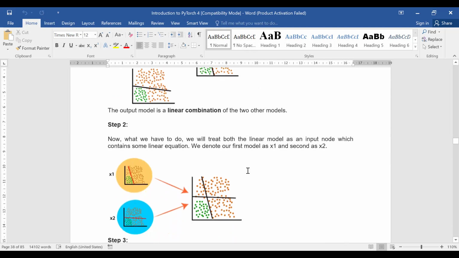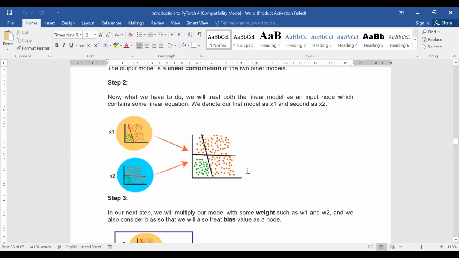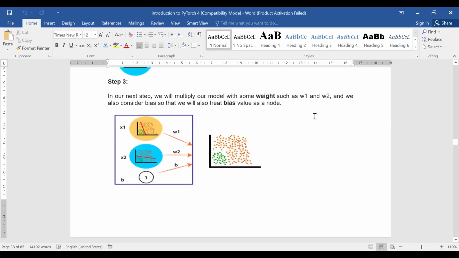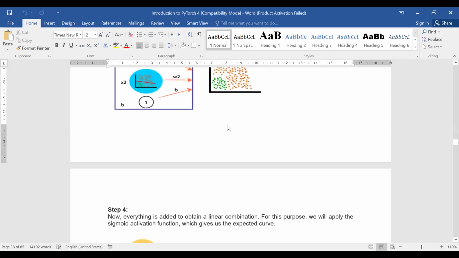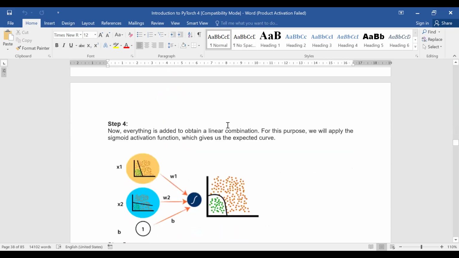Now, what we have to do, we will treat both the linear models as input nodes which contain some linear equations. Now, you can see here x1 is the value, x2 is the value, weight 1, weight 2, and b means bias. Now, what is this bias? I will explain it when I show you a practical example, right?